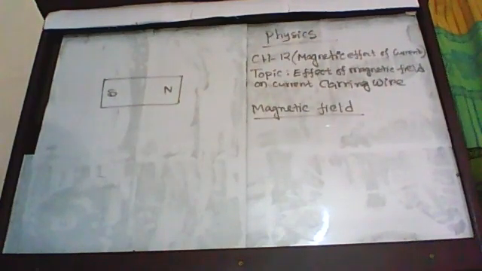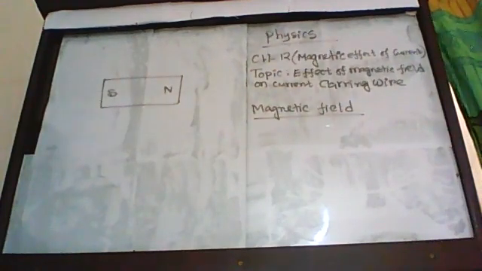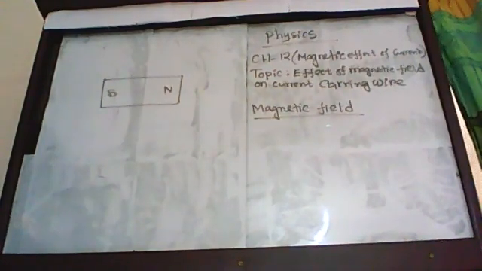Now, boys and girls, the area around the magnet in which its influence stays around it, this area is called magnetic field. Okay, this is a bar magnet. It can attract another bar magnet or another substance just like iron. This attraction takes place at a particular area around this magnet, and that particular area is called magnetic field.